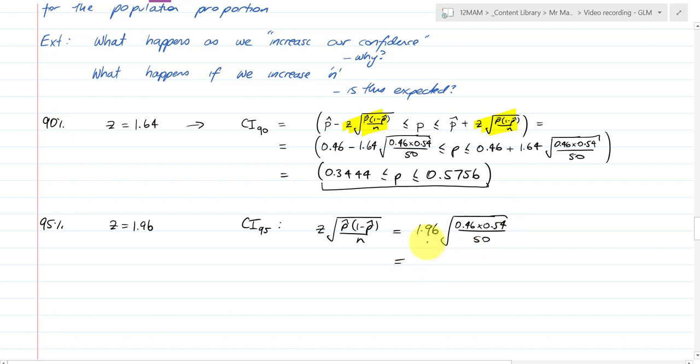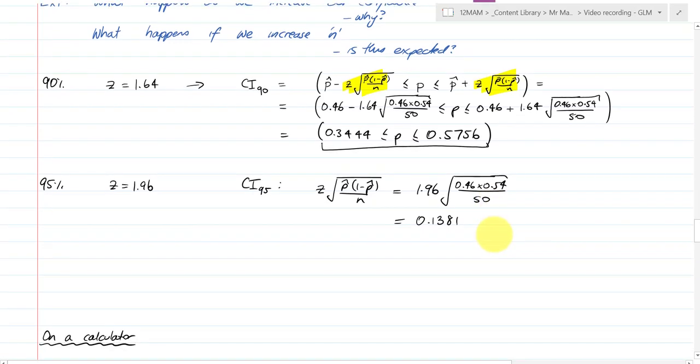And I calculate that in my calculator, and that gives me 0.1381. Now I can use that value and my confidence interval, which can be set out like this, as just 0.46 minus 0.1381 to 0.46 plus 0.1381.